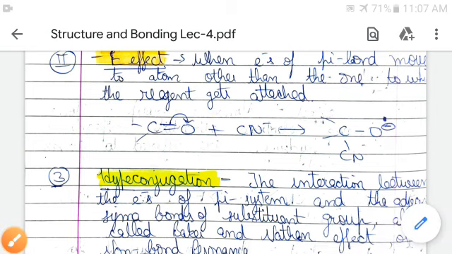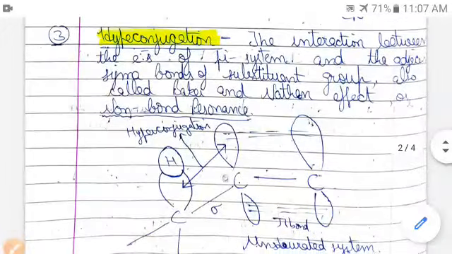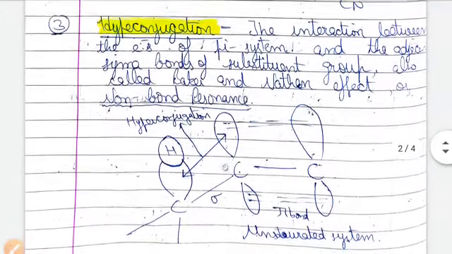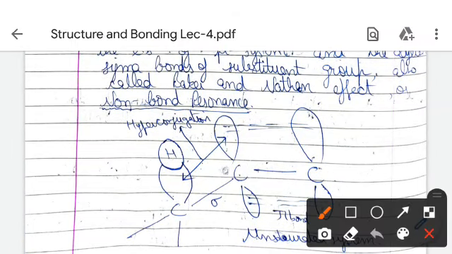So next is hyperconjugation. Hyperconjugation is a very important topic.